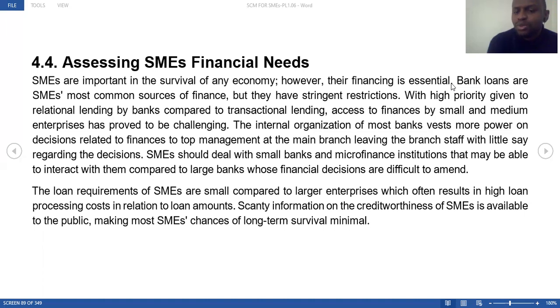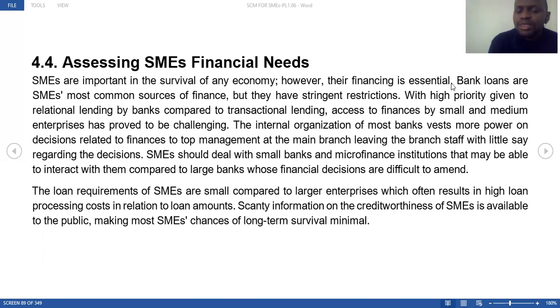So for businesses to survive, they need to do an assessment of their financial needs, whether they have what it takes in form of money, in form of the investments that they have, whether they can support their business in any way. And one of the reasons we do an assessment is to be able to check the performance of the business over a certain period of time.